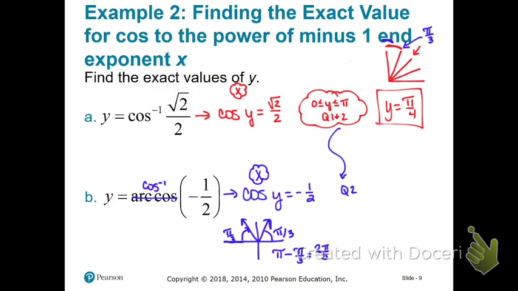Right here is pi, and I'm pi over 3 before the pi, so subtract it, because it's smaller. Why are we using the reference angle? Well, the reference angle is using my fingers, so I was able to find it. And to find the quadrant 2 angle, I take that reference angle and subtract it from pi. And we end up with 2 pi over 3. And that is the answer for our quadrant 2 angle.